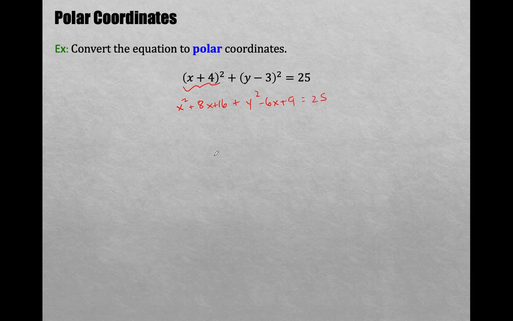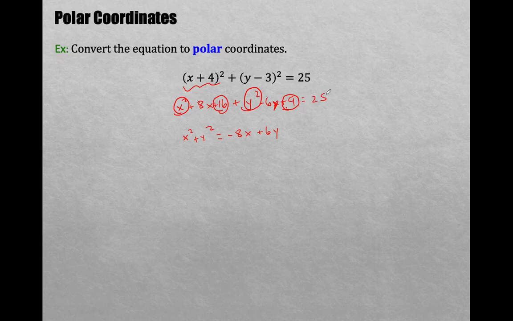Now what do I need to go to polars? There's my r, isn't it? Oops, sorry, that's a y. And then +16, +9 is +25, subtract.